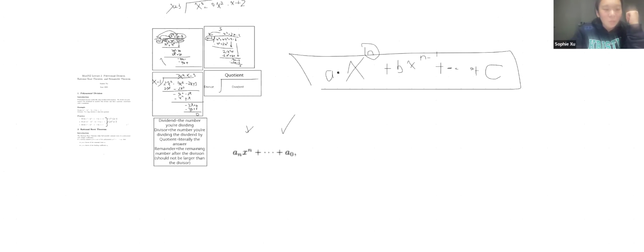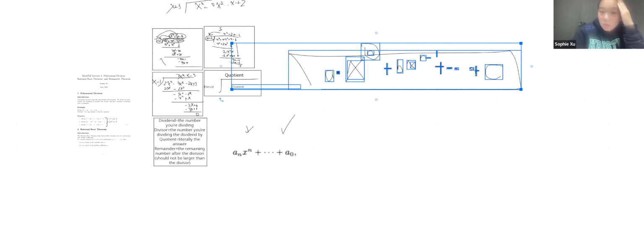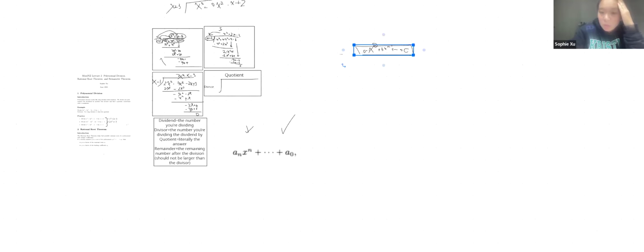This is an important concept while using the rational root theorem, because it involves using the coefficients.